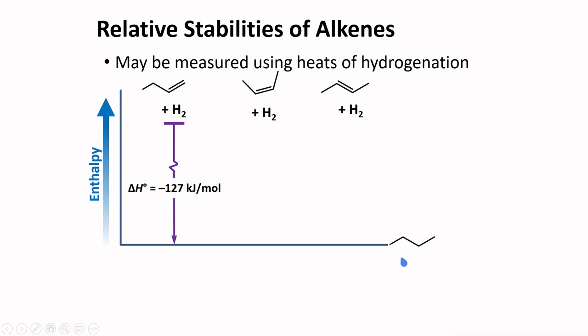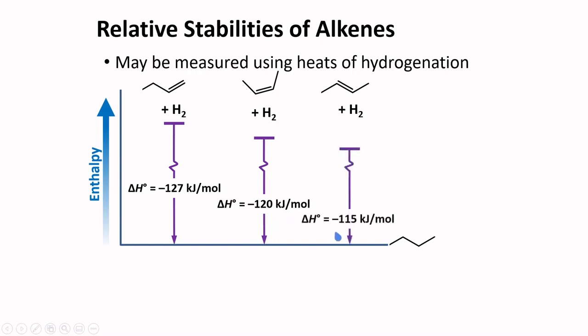It was measured that cis-2-butene gave 120 kilojoules per mole of heat, while trans-2-butene gave 115 kilojoules per mole. These heats of hydrogenation tell us about the stabilities of these compounds. If the heat of hydrogenation is lower, then such a compound must have lower energy or be more stable.